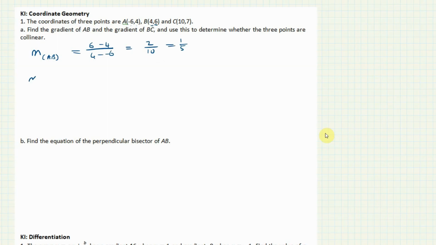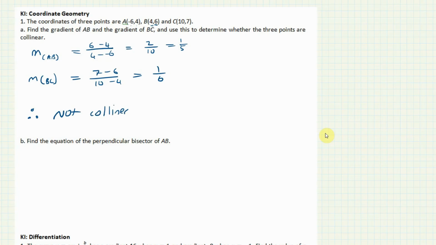And m of BC is equal to 7 minus 6 over 10 minus 4, which is equal to 1 over 6. Is that right? Hang on. 7 minus 6, 10 over 4 is equal to 1/6. Okay, perfect.